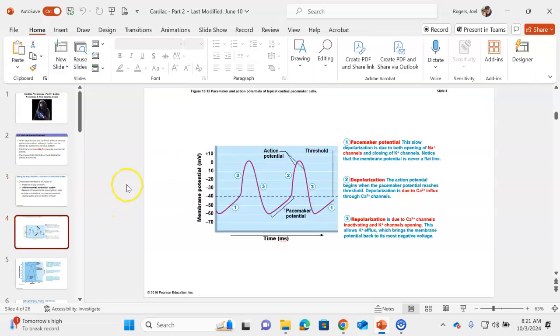All right, the first place we're going to start is an action potential curve of the autorhythmic cells.